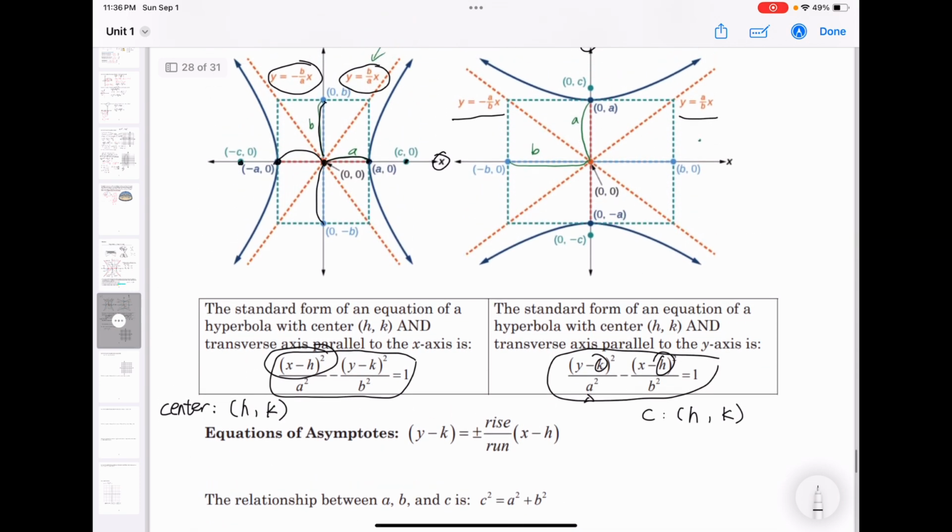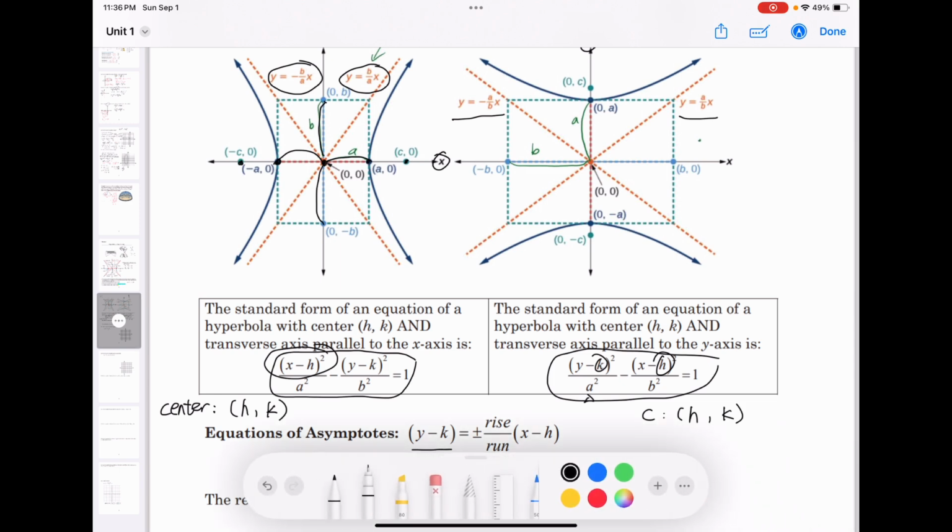Okay, let's talk about the formula for finding the equation of the asymptotes. First we list the y part, because this is a linear line. So for a linear line, let's separate the y and the x and find the slope. We can find our y minus k from the equation.